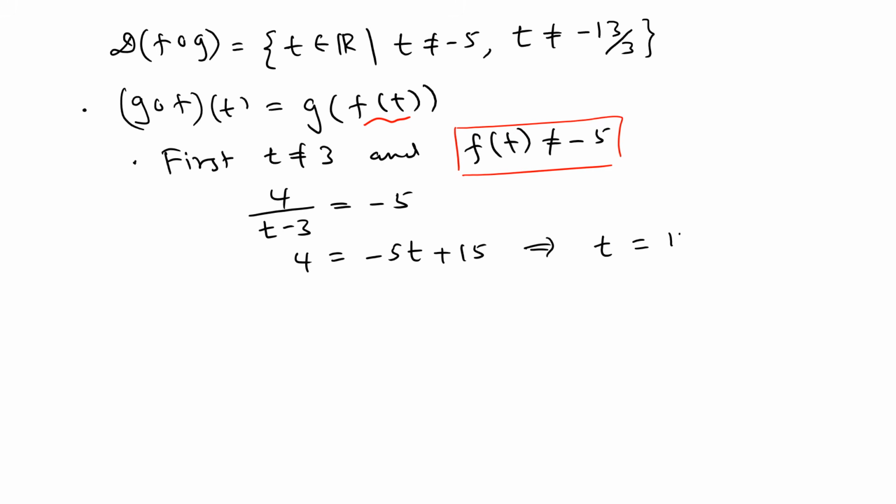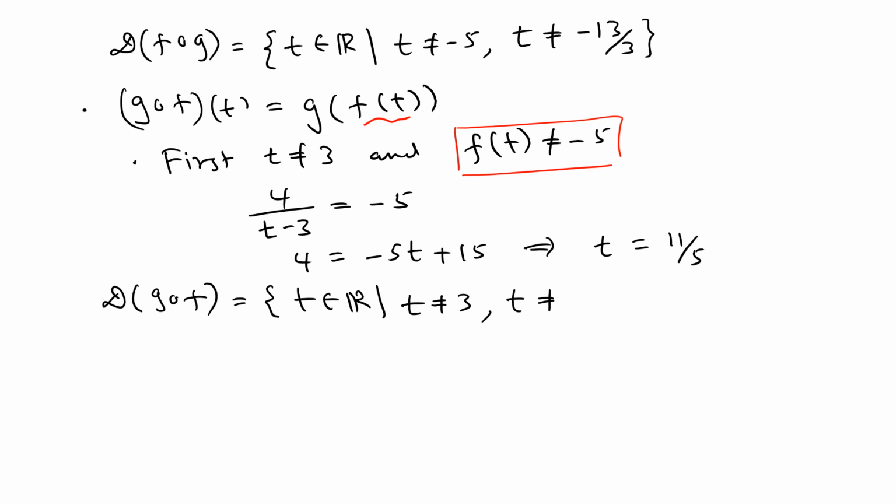That means 11 over 5. Good. We have to remove this value, so the domain of g circle f is any real number such that t is not equal to 3 and t is not equal to 11/5.